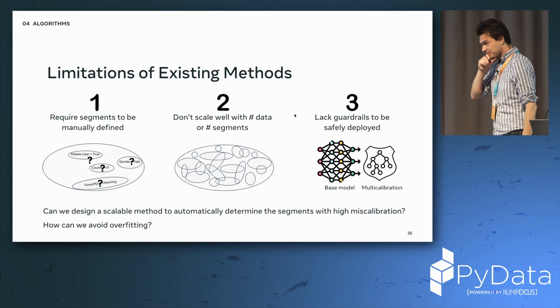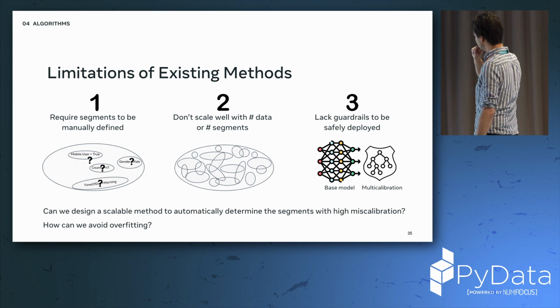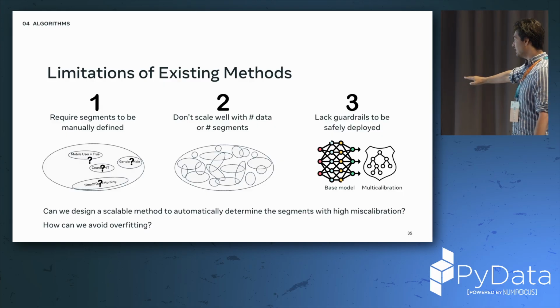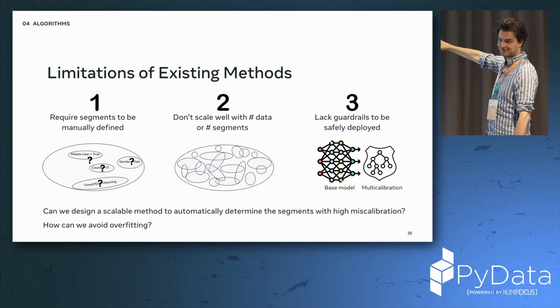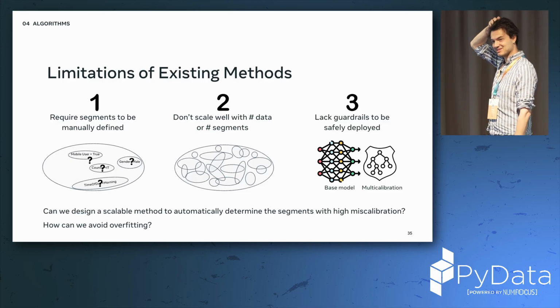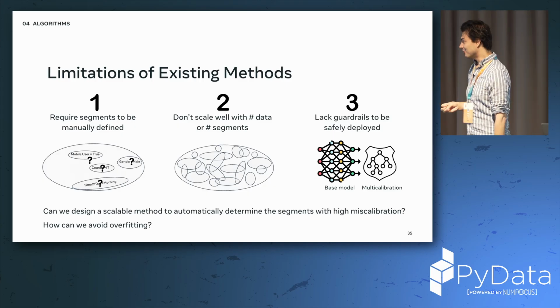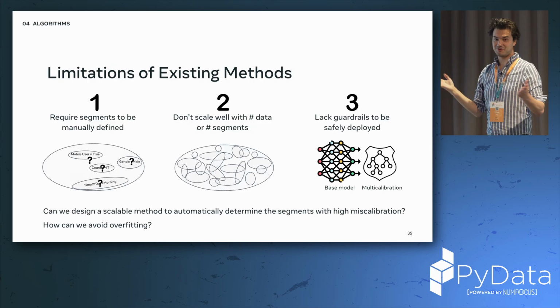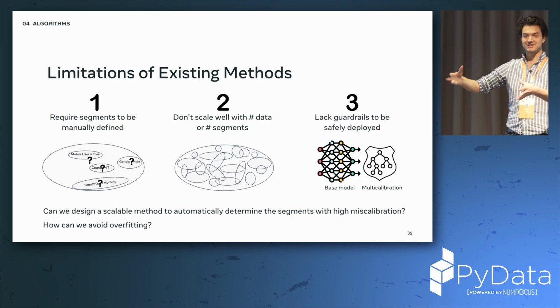So what we tried to do in this project was to design a method that does multi-calibration but doesn't have any of these blockers. We don't want to define segments manually. We just want to say, hey, these are our features. Done.